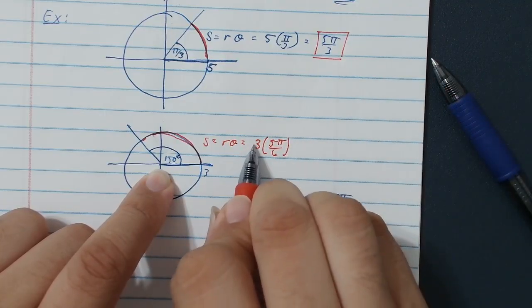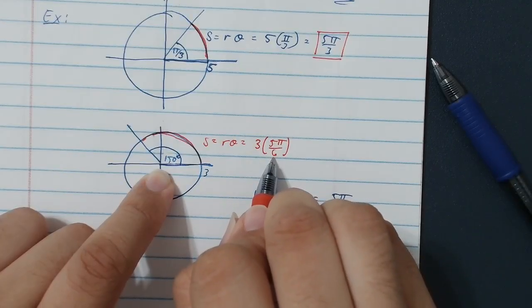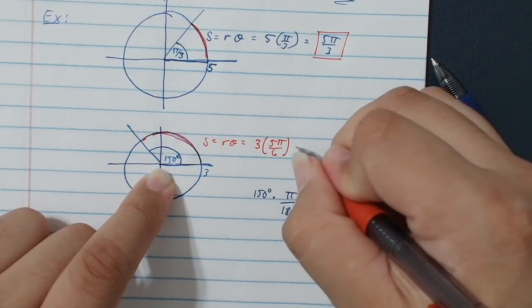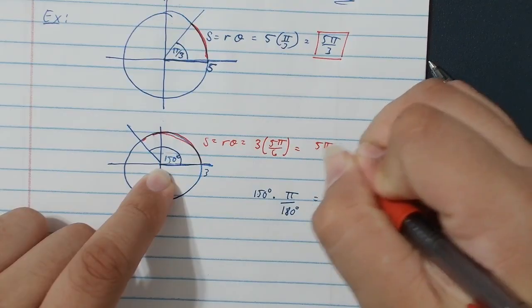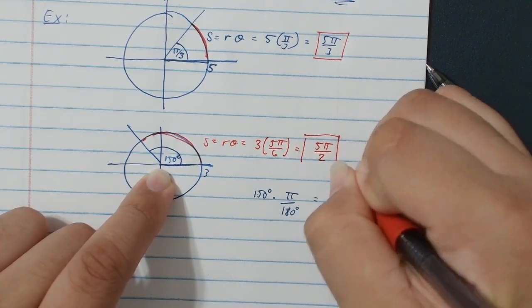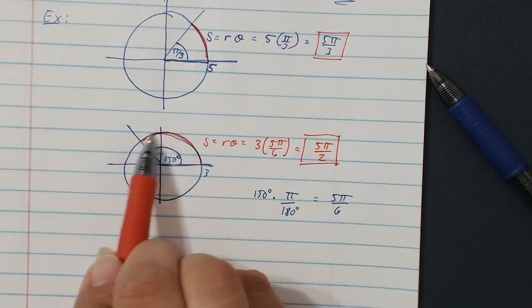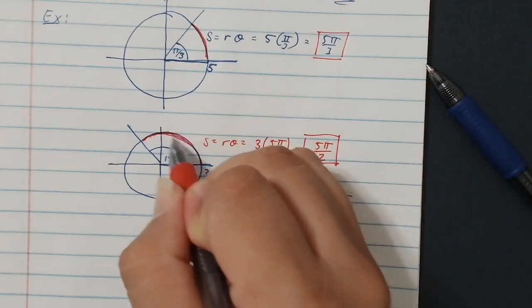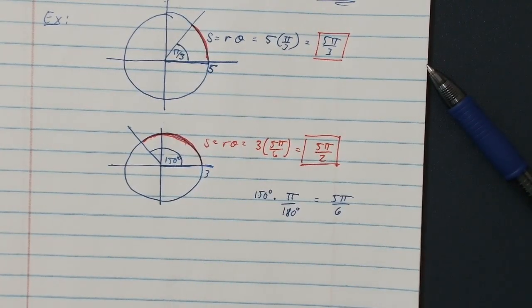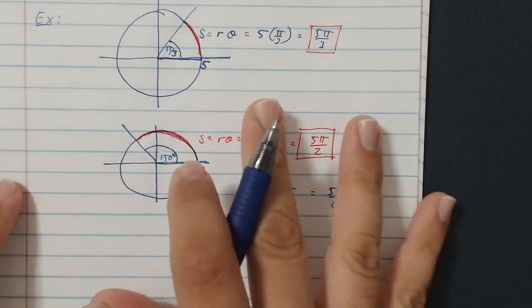And that gives us 15 over 6, which reduces to 5 over 2. So we end up with 5 pi over 2. And that would be the measure of this length here on the outside. But that's not the only thing we can measure.